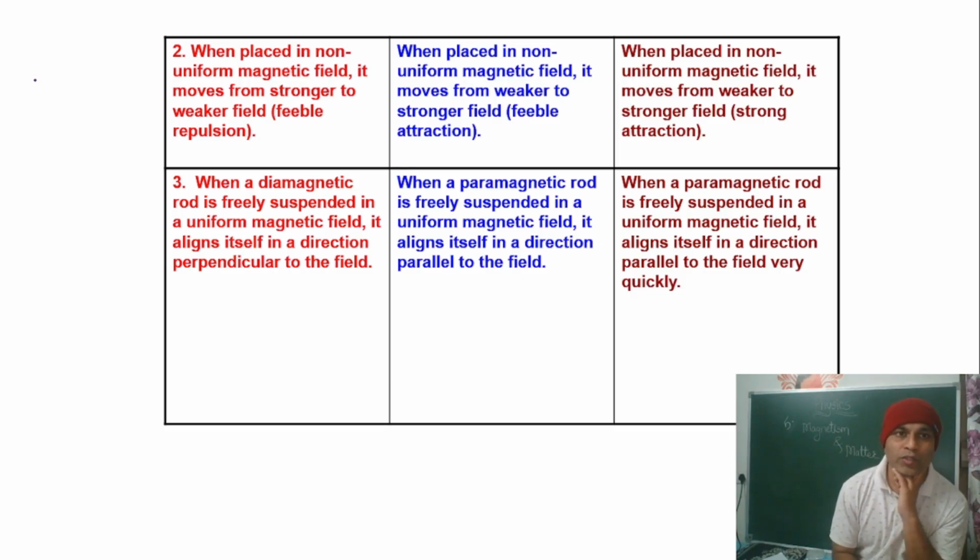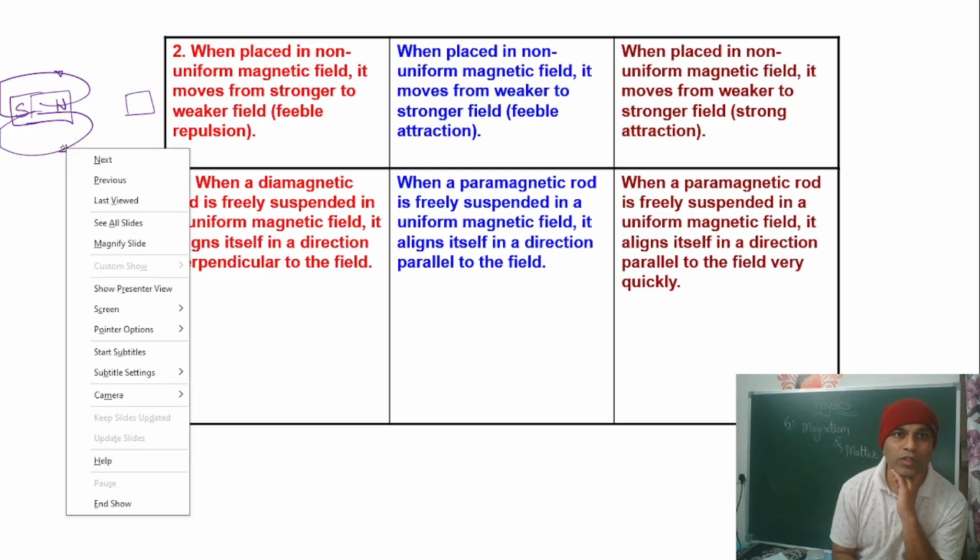Okay, so if it is south to north, and if antimony is here, obviously it is having this field going north to south. Yes, north to south it is going.